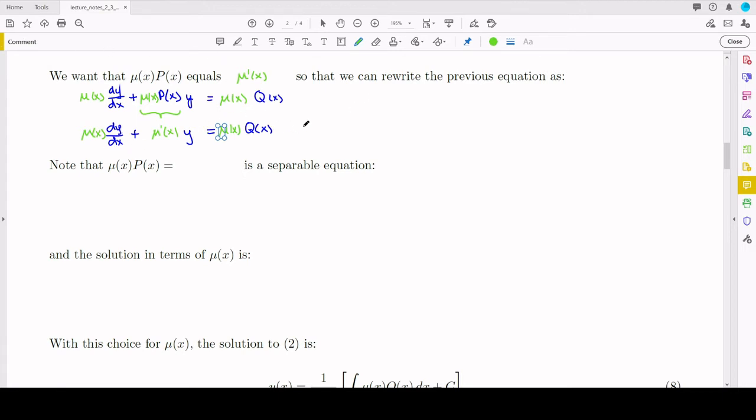So we continue that up here. Then we have d dx of mu of x times y, and that has to equal mu of x times q of x.